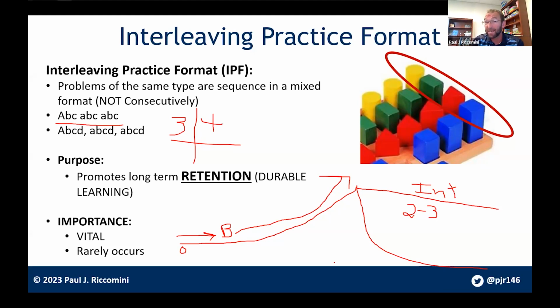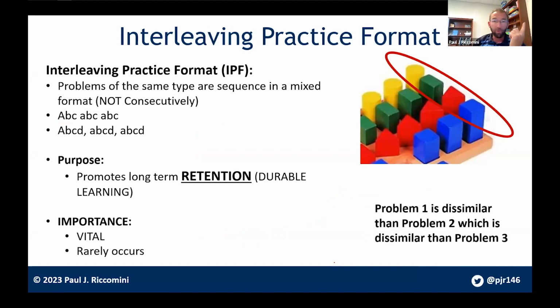Your struggling kids need more blocked before they get to IPF. So your kids that are getting it quick, they need to go into IPF. Stop making them do it 20 times. They need to do more interleaving practice faster. Our struggling kids, and especially our kids with disabilities, need more guided block practice before they get to the interleaving practice.